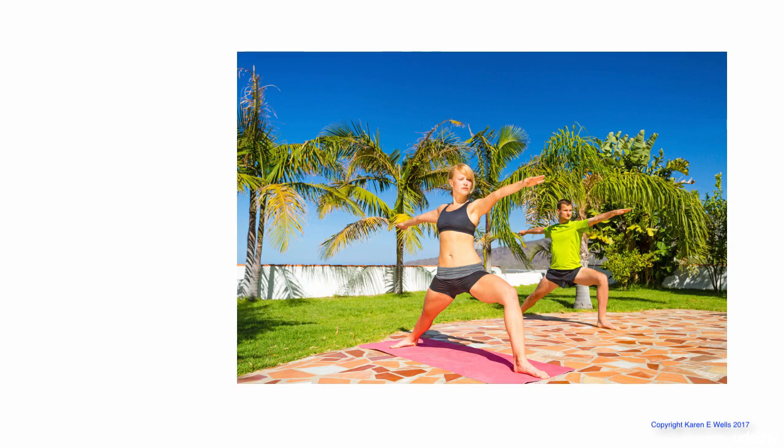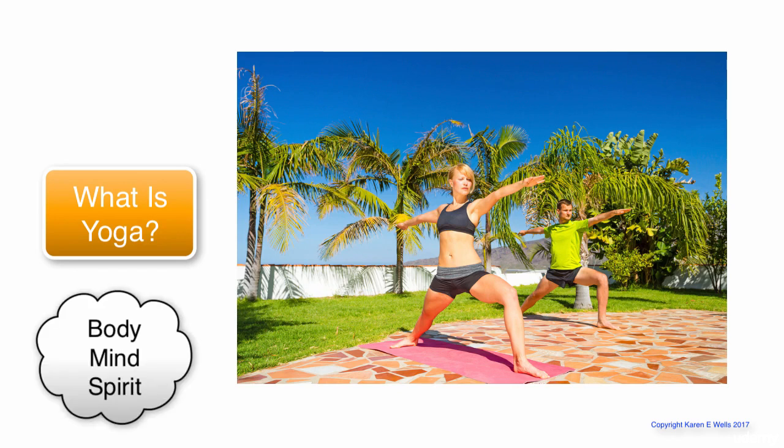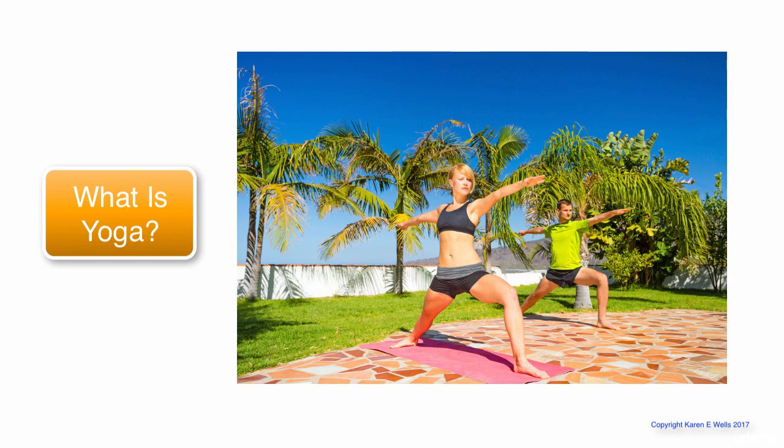Okay, so if we look at what is yoga, the origins of yoga are firmly steeped in history, of course, and most people know it's a gentle age-old practice that works on the body, mind and spirit in a complete holistic manner. It was formed in India over 5,000 years ago, although in those times yoga was very different to the practice of today.